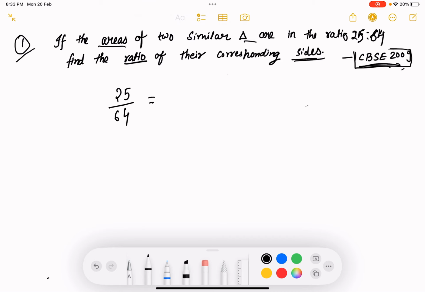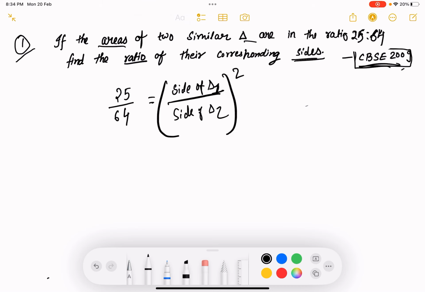And we know that the ratio of the areas of two similar triangles is equal to the square of their corresponding sides. So let's say side of triangle 1 upon side of triangle 2 whole square. Okay, this is triangle 1 and this is triangle 2.